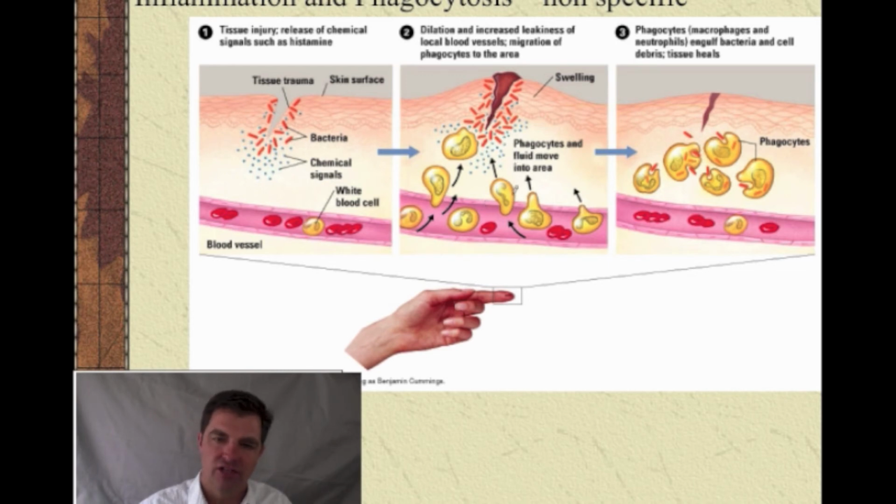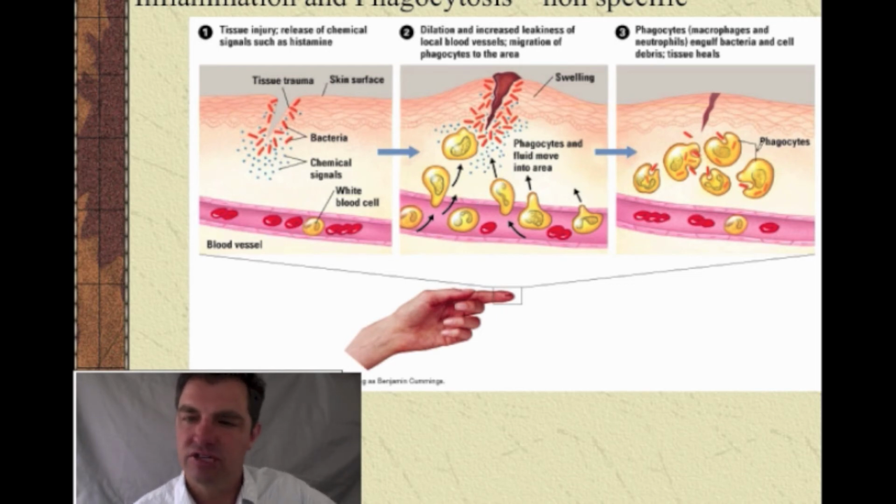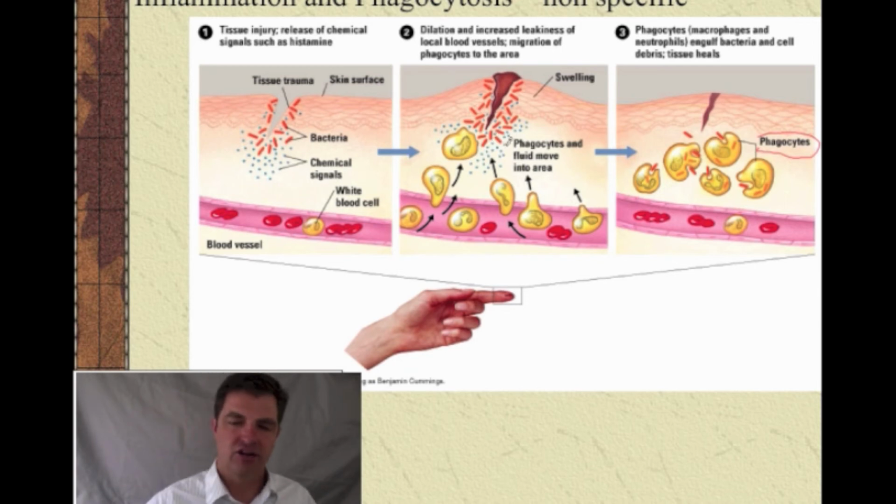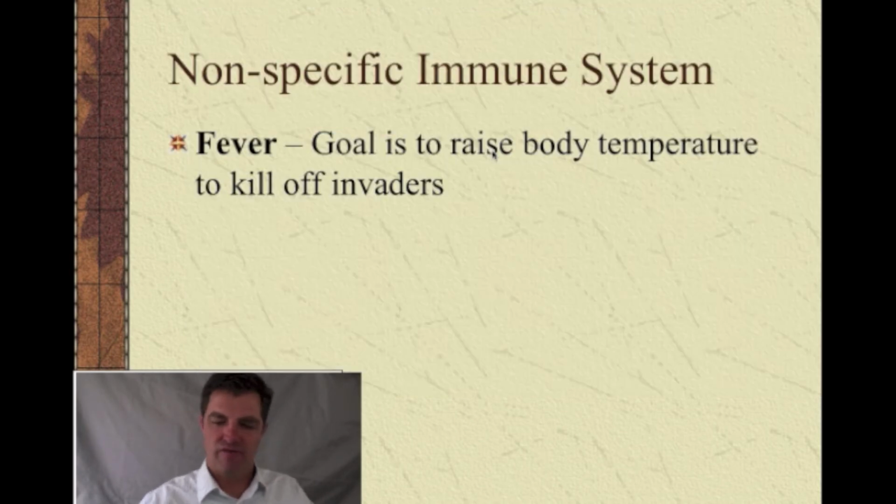Your white blood cells will then come out of the capillaries, which they normally don't do, and they will phagocytize or eat up that bacteria. So you notice this blood vessel here on your finger, it's gotten bigger. This makes this warmer, creates like a little miniature fever in this area, and I'll talk about this in a second, but that warm blood tends to often be harmful to the bacteria. You also get swelling in there, and these white blood cells will go in and clean that up, and that's kind of when you get an infection locally and your immune system is able to take care of that.